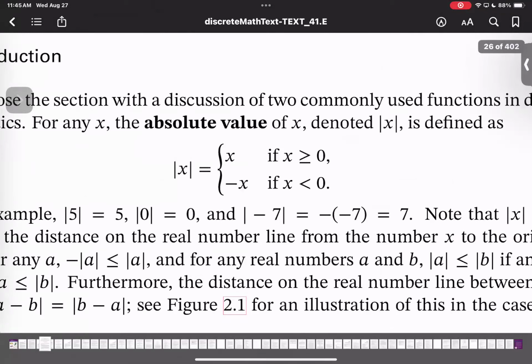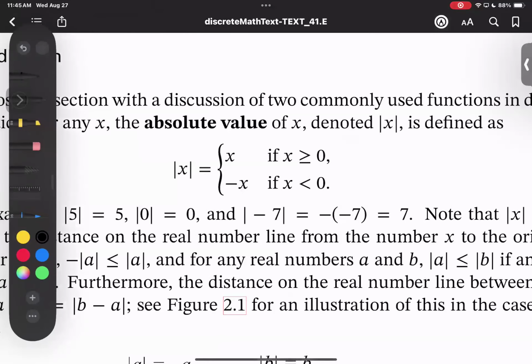Wait, what? Am I missing something? It's a negative. Oh, yeah. Thank you. So what this is doing, if we have x equals -7, we negate it, and then that's where we get 7. Thank you for that. So we negate it if it's negative.